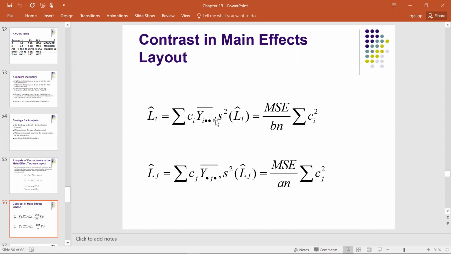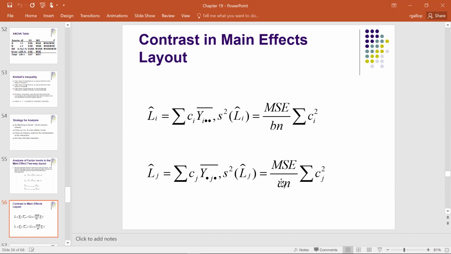Now, the big thing with the standard errors, or in this case, this is the variance of the contrast, is that it depends on MSE times the sum of the coefficients squared over n, but B ends up being the number of levels of factor B in the first case, and the number of levels of factor A in the second case.